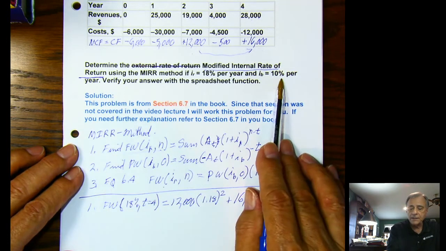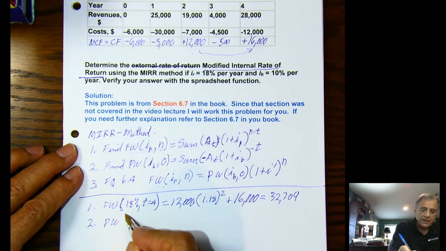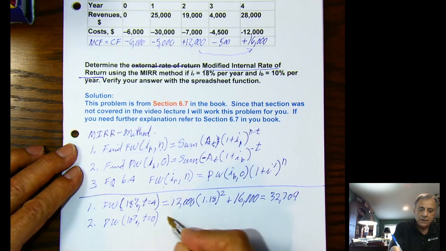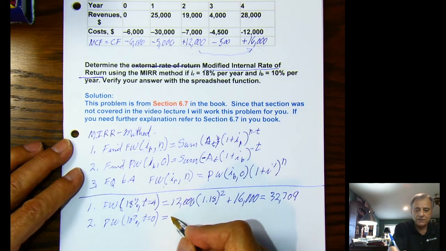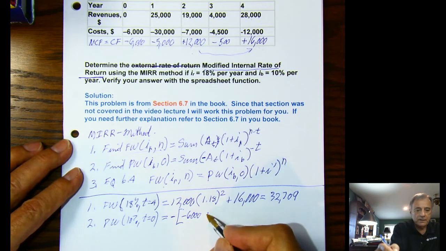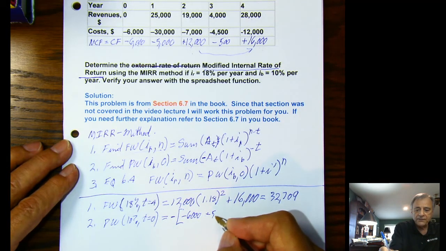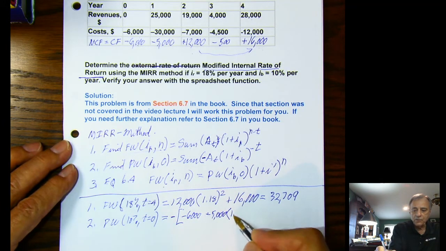The second step is to take all your negative cash flows back to the present using the borrowing rate, which in this case is 10%. So step 2 will be find present worth at 10% at t equals 0 of the negative cash flows, and we're going to do the negative of the negatives, so it's going to be minus $6,000. That's at time 0, so I don't have to do anything with it. And then I have minus $5,000. I need to bring it back 1 year, 1.1 to the minus 1.